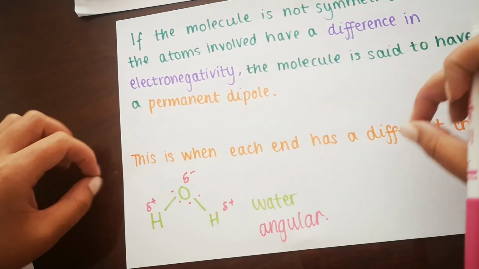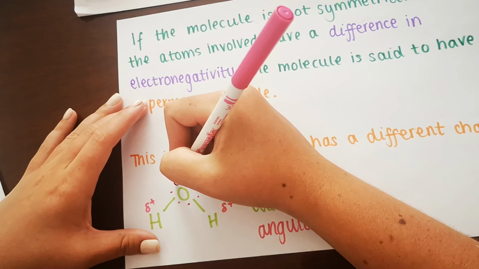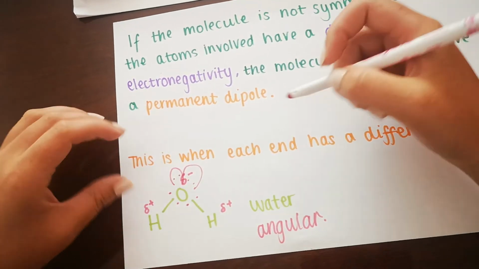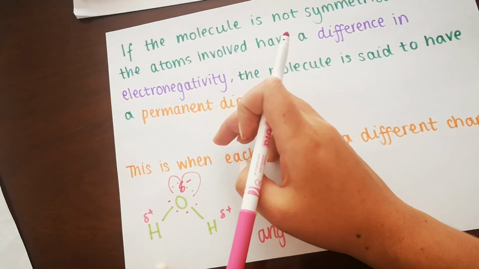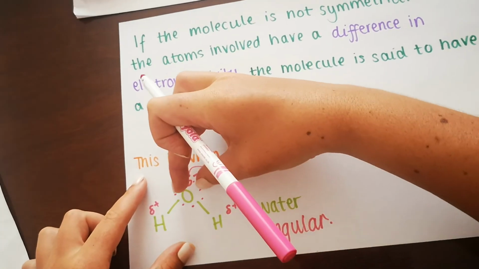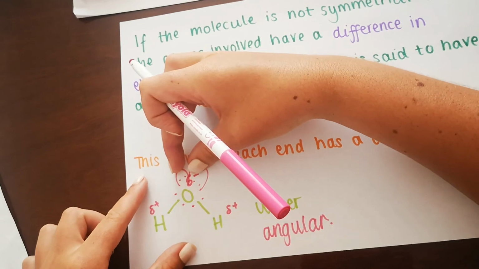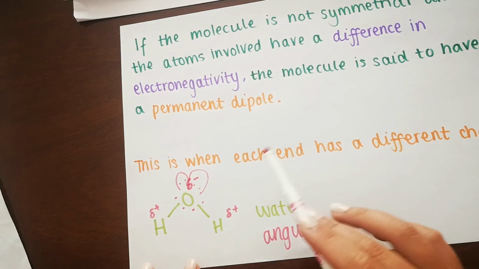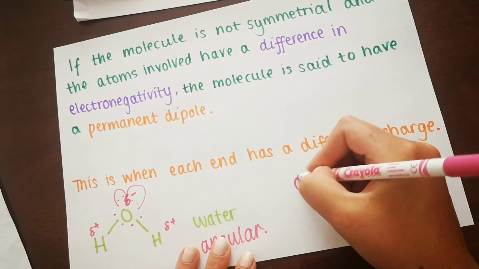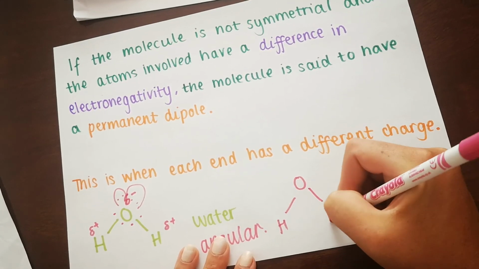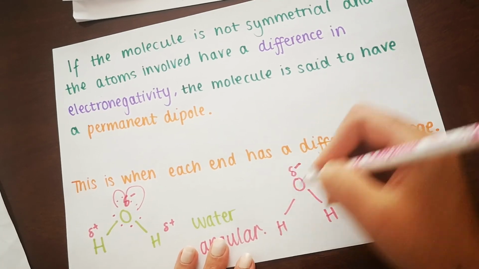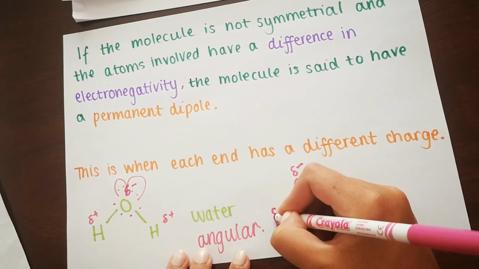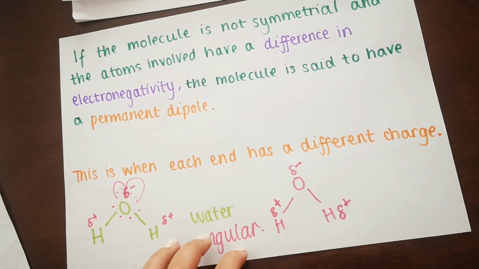They don't get pulled out each side because your oxygen has two sets of lone pairs here, which prevents that. So your hydrogens stay down here, which means your electrons are being pulled closer to the top, and it's not symmetrical, so you're going to have this permanent dipole. Your oxygen is always going to be partially negative and your hydrogens are always going to be partially positive.